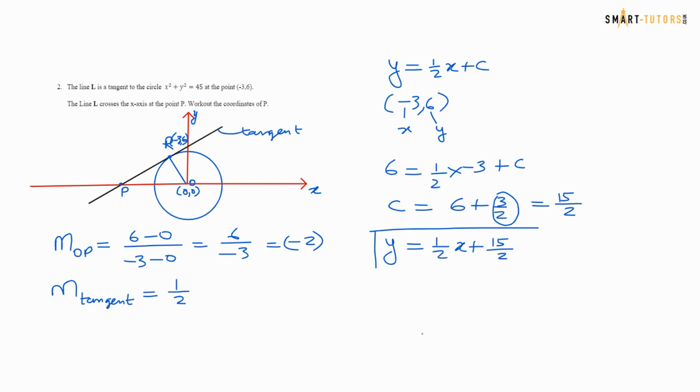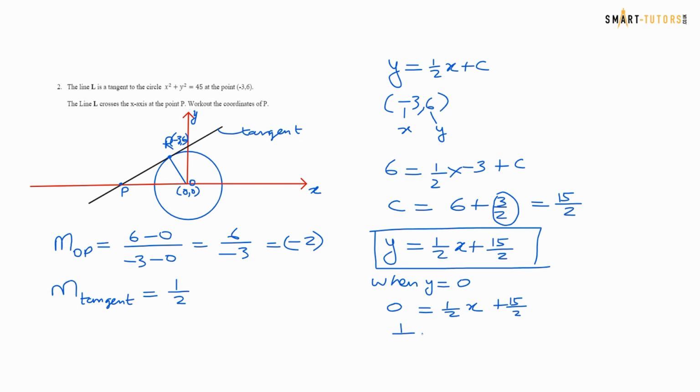That line is intersecting the x-axis. The beauty about the x-axis is that all the y coordinates on the x-axis are 0. So when y equal 0, you get 0 equal half x plus 15 over 2.